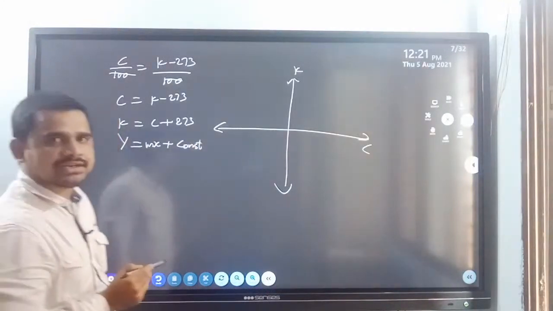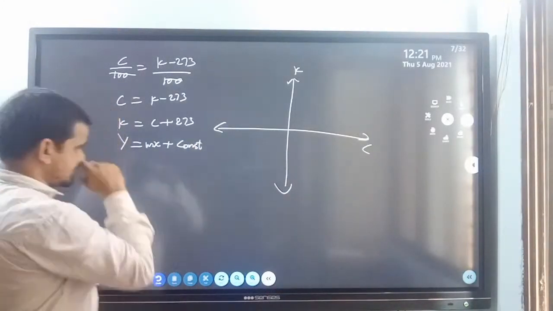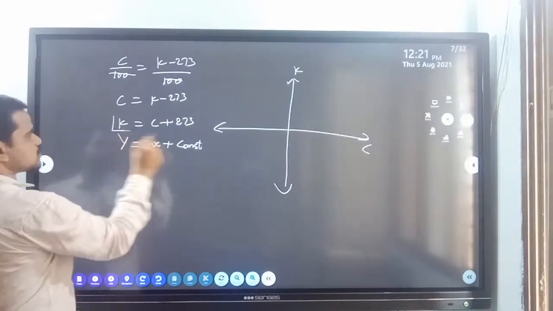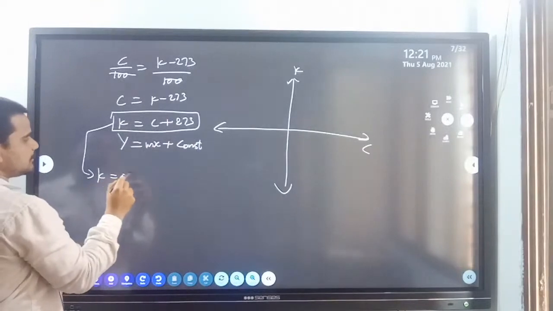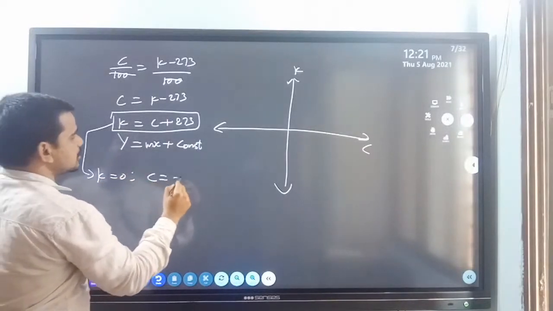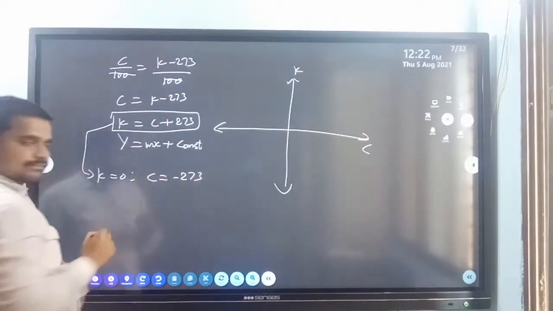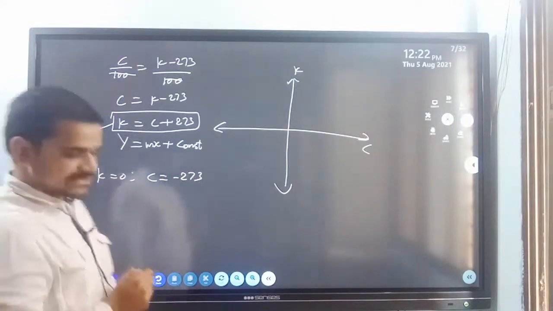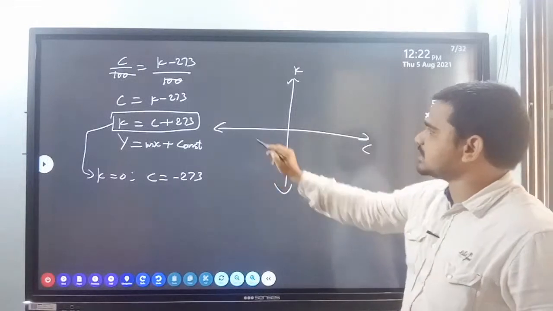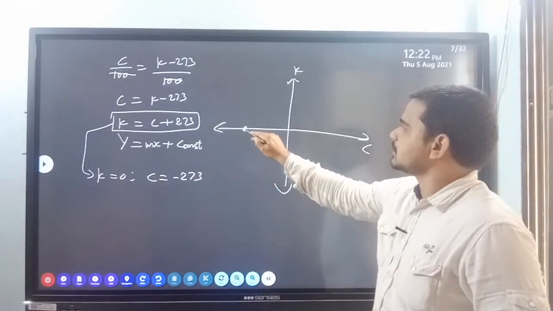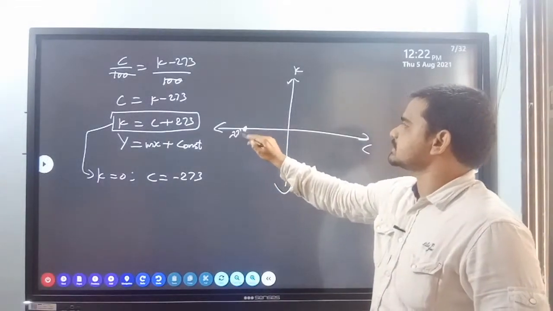In this expression, in the place of K, first write 0. Then how much will you get for the C value? Minus 273. Means if K is 0, C is equal to minus 273 degrees Celsius.